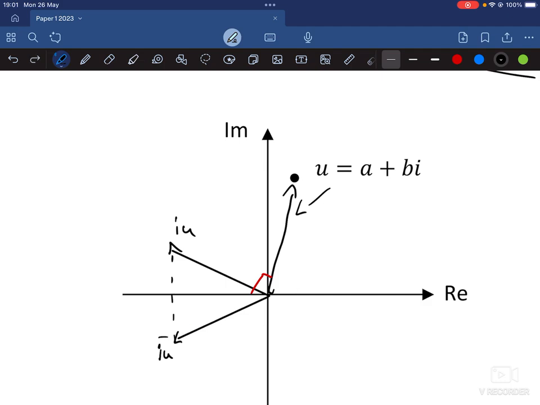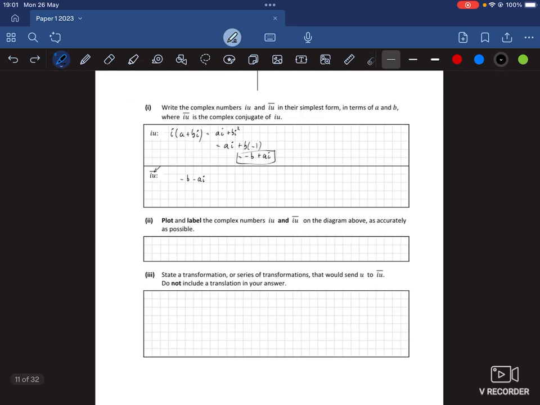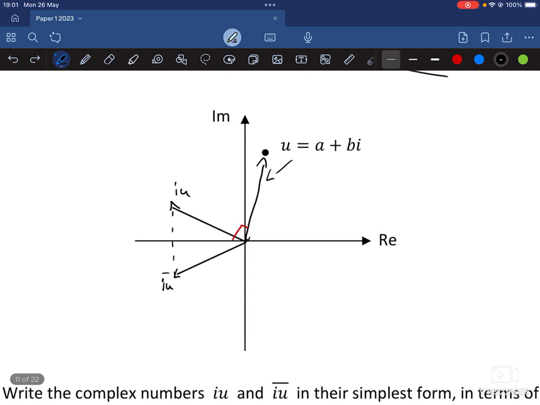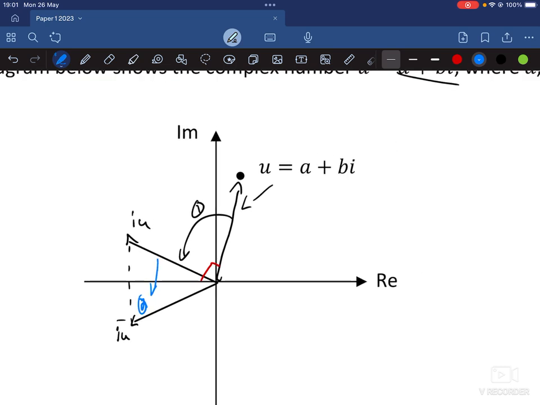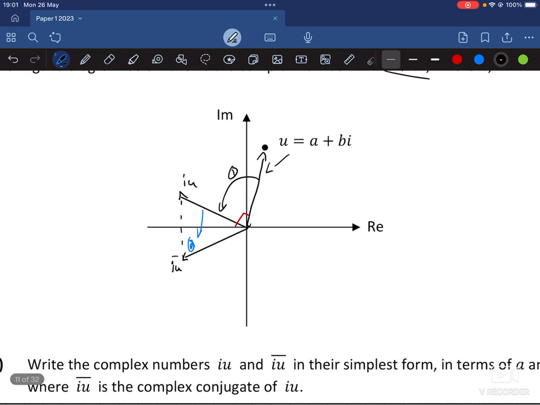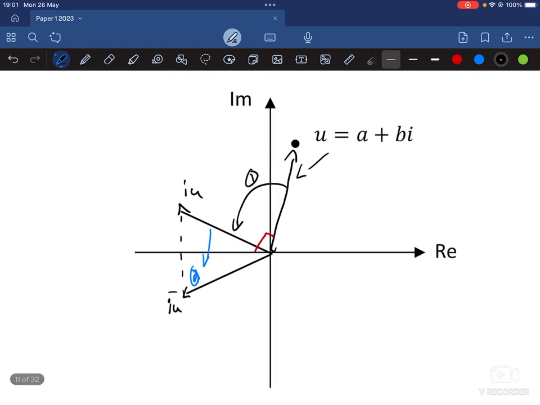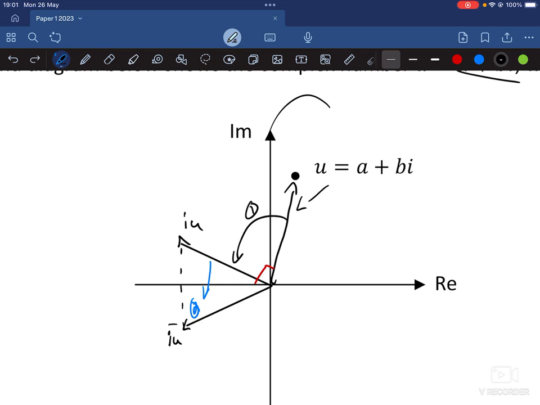So the way we do this is we will say, first of all, see the way here I said multiplying by i. So we're going to do the first one. How do we get here, and then how do we get to here? So this is the first one here, and then this is the second one here. For the first one, we rotate 90 degrees anti-clockwise, so against the clock, okay?